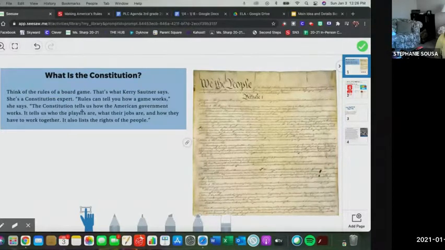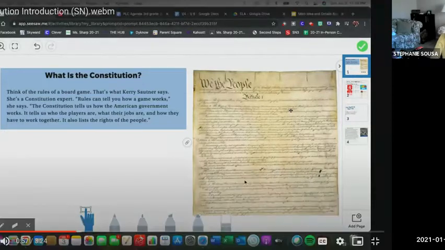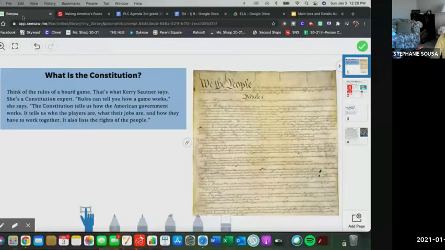The Constitution tells us how the American government works. It tells us who the players are, what their jobs are, and how they have to work together. It also lists the rights of the people. This is a picture of the Constitution written back in 1787. We're going to watch a video that goes over the creating of making America's rules.